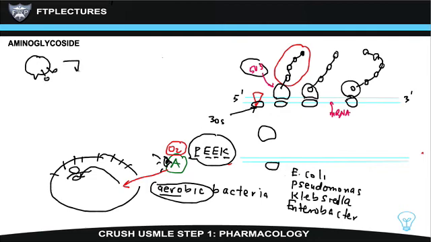So we should be thinking about the kidneys. Oh, remember the kidney has a cortex. And I told you that these drugs love to deposit in the cortex, which means they can damage the kidney. That's what we call nephrotoxicity.